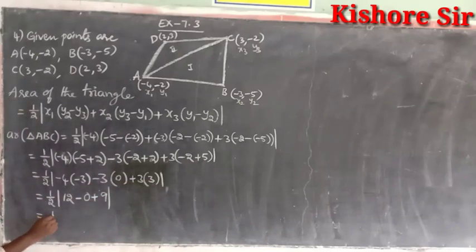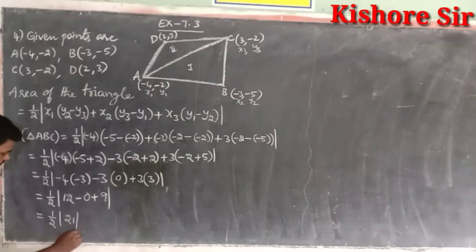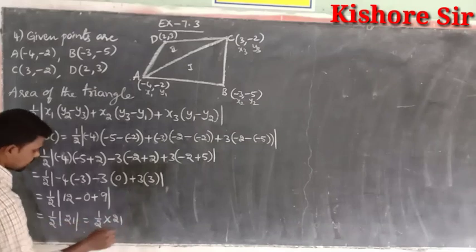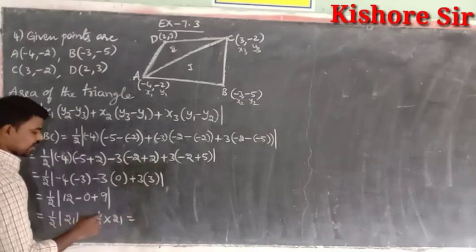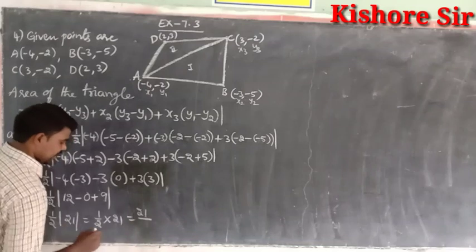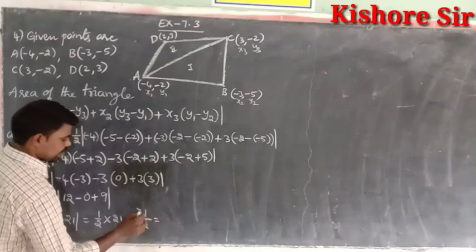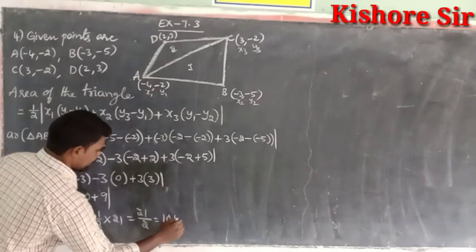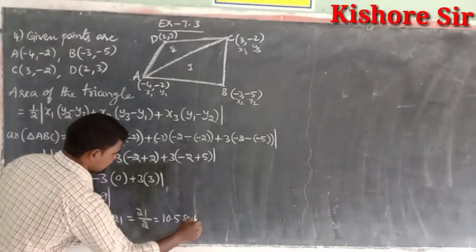That is equal to 1 by 2 modulus of 12 plus 9, which is 21. That is equal to 1 by 2 into modulus 21, value 21. That is 21 by 2, which is 10.5 square units.